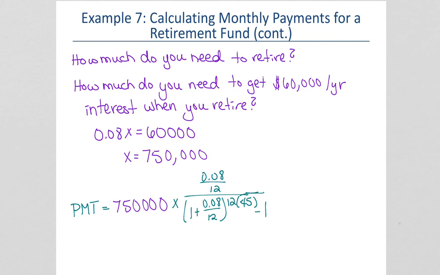Okay? And so you'll put that in your calculator or Excel and get $142.19. That is all she needs to invest each month in order to retire with $60,000 a year.